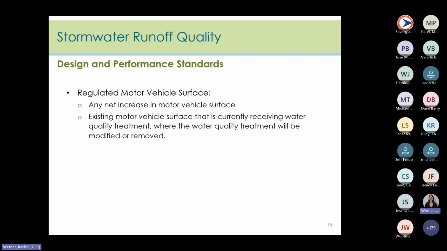It also includes the total area of motor vehicle surface that is currently receiving water quality treatment either by vegetation or soil, by an existing stormwater management measure, or by treatment at a wastewater treatment plant, where the water quality treatment will be modified or removed.